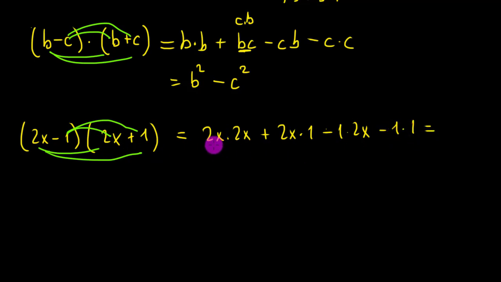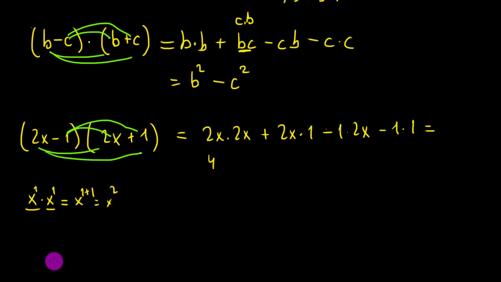Here you multiply the numbers, it will be 4, yeah? And then you have x's here. If you multiply x's, what are their powers? This is 1, this is 1. When you multiply them, if the bases are the same, the powers are added. 1 plus 1, that's why 2.